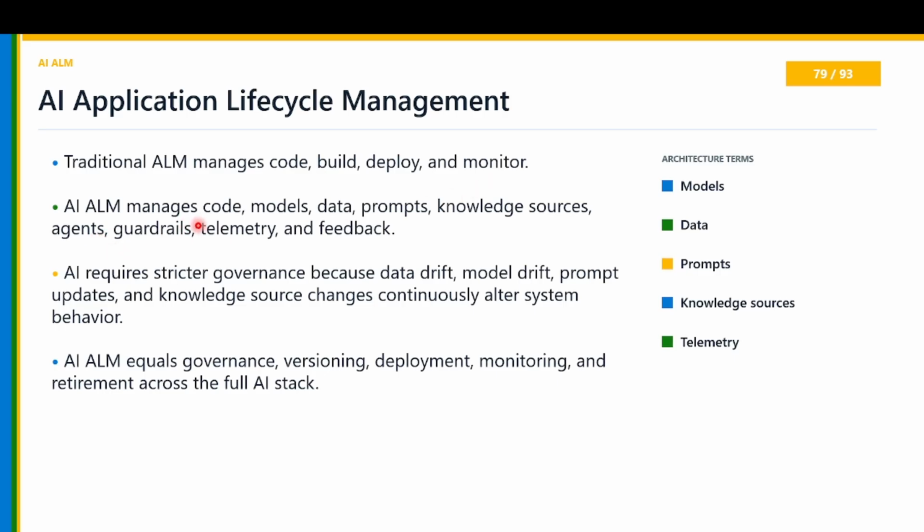But AI ALM, on the other hand, manages code, model, data, prompts, knowledge sources, the agents themselves, guardrails, and telemetry and feedback. You can see that AI ALM is more complex and wider than traditional application lifecycle management.